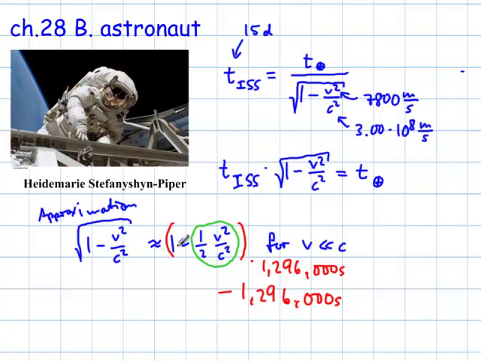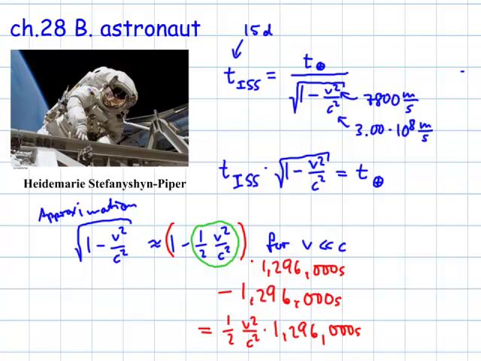If you look at the algebra, the one out here subtracts itself out, and it's basically 1/2 times v squared over c squared times that time, the 1,296,000 seconds. Any kind of calculator can handle that, because there's no subtracting a tiny, tiny difference from 1, which would give you something in the 10th decimal. Here it's pretty much multiply, multiply, divide, and so on. You're going to come up with a small number, but any calculator can handle that.